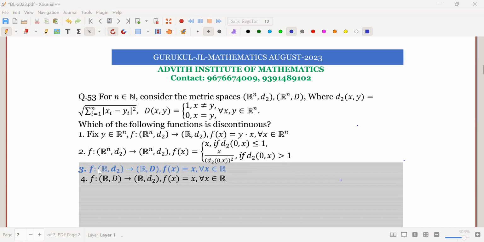Option 3: f from R with d2 to R with the discrete metric, where f of x equal to x, that means the identity function from R with d2 to R with capital D. And option 4 is the identity function from R with discrete metric to R with Euclidean metric.